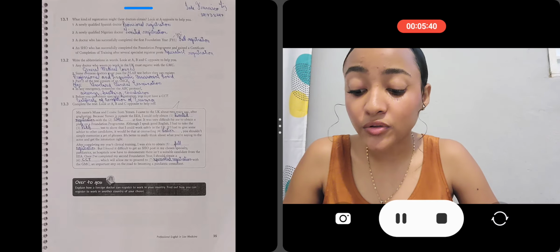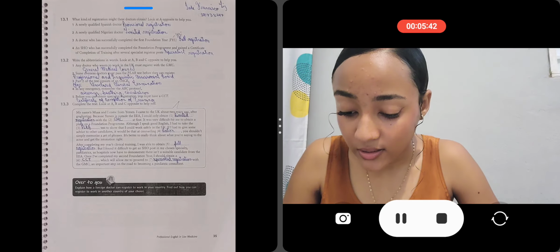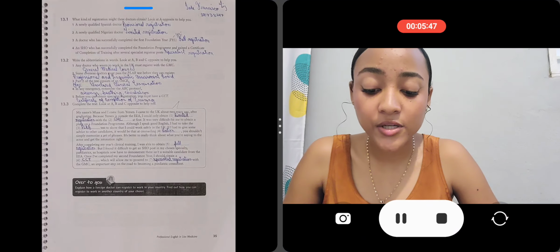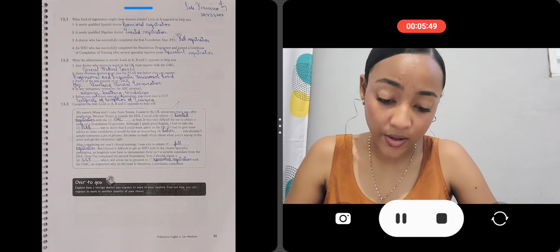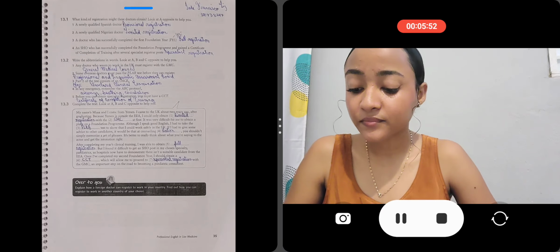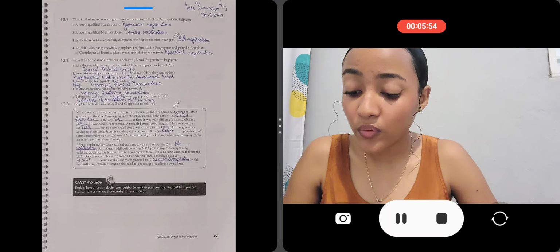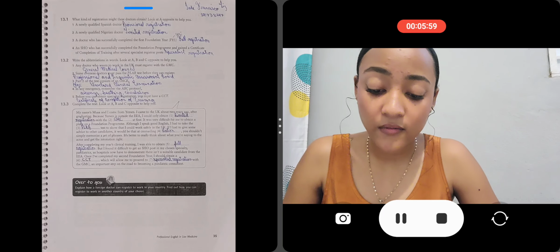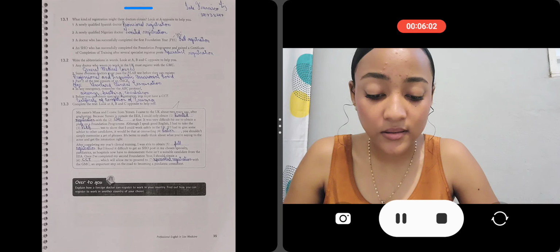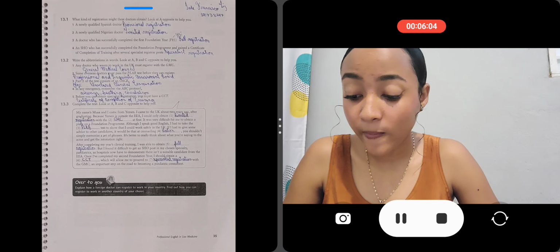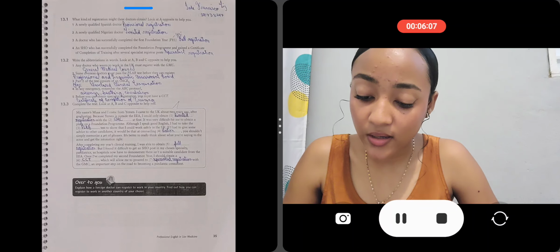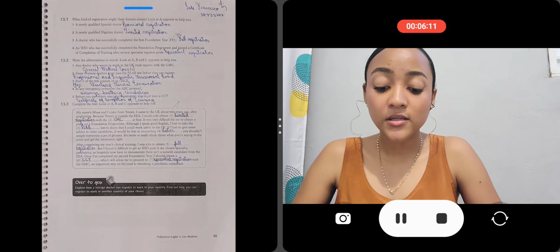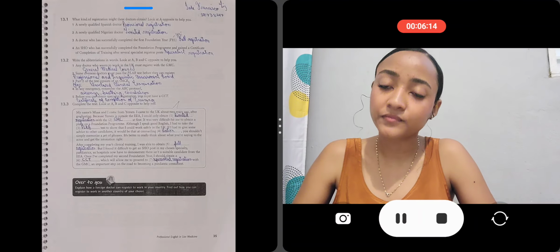A doctor who has successfully completed the first foundation year, F1: full registration. 4. An SHO who has successfully completed the foundation program and gained a certificate of completion of training after several specialist registrar posts: specialist registration.